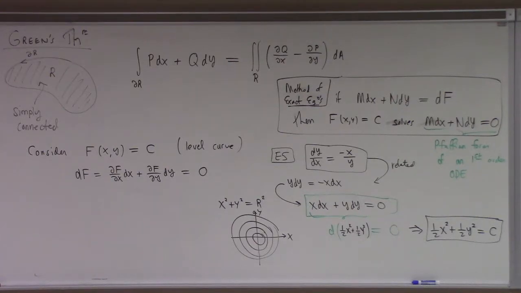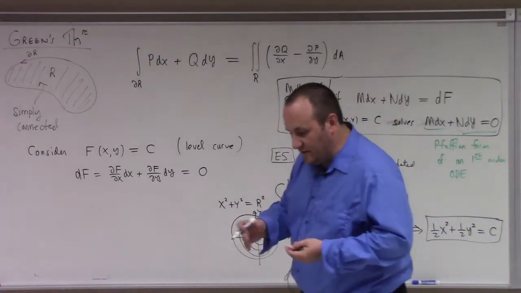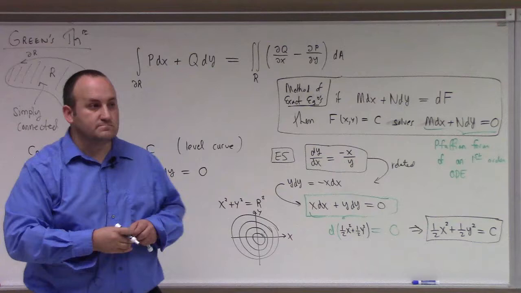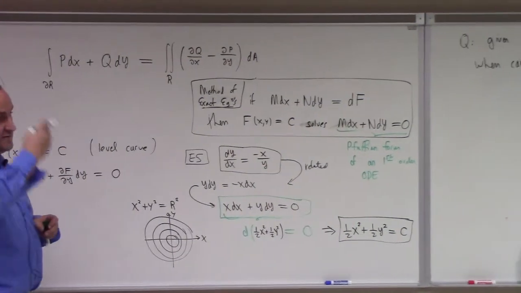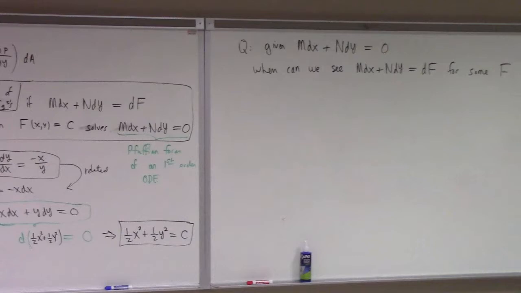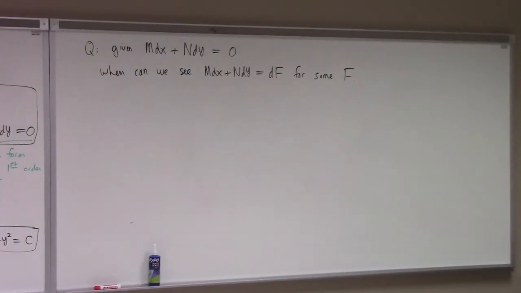To put it in better mathematical terminology, when does there exist a function f which attains m dx plus n dy as its total differential? All right? I mean, it was true here, but it's not going to be generally true. There's lots of differential equations which are not exact, okay? That's where Green's theorem helps us out.